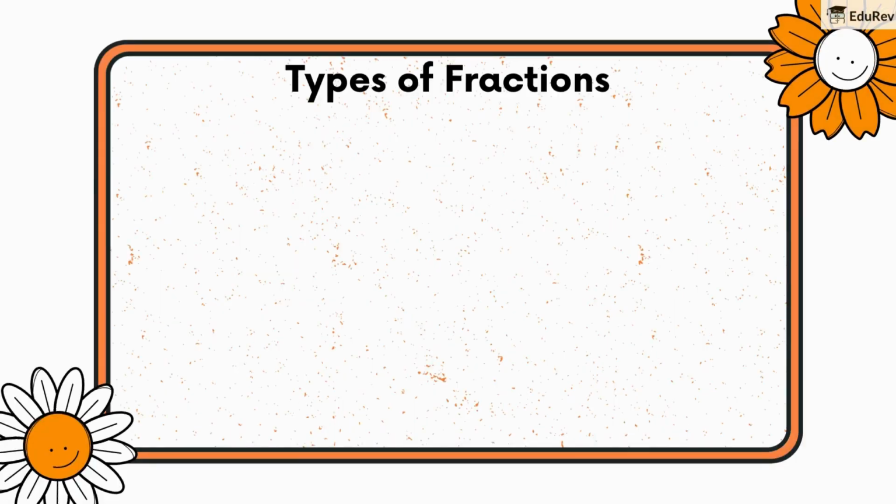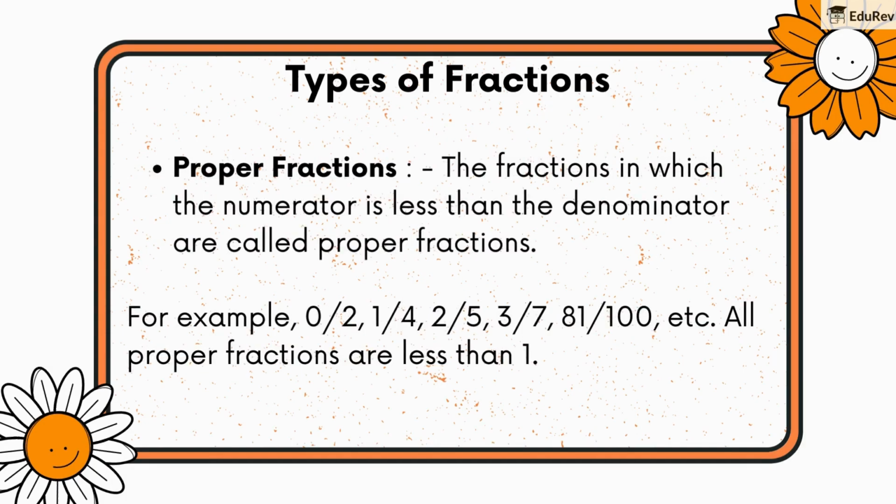Now, let's discuss the types of fractions. Proper fractions: the fractions in which the numerator is less than the denominator are called proper fractions. For example, 0 by 2, 1 by 4, 2 by 5, 3 by 7, 81 by 100, etc. All proper fractions are less than 1.